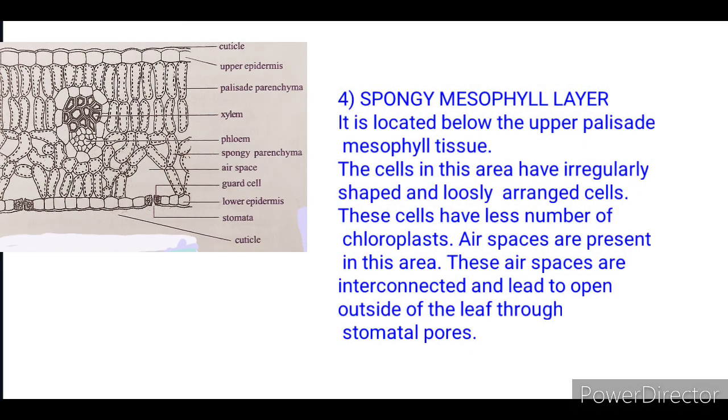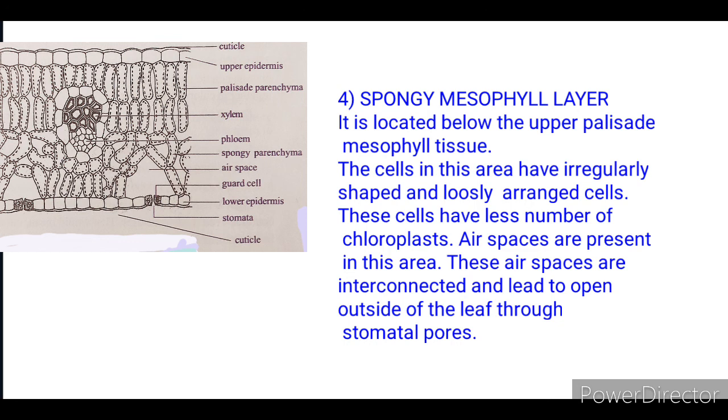And the next part, the spongy mesophyll layer. It is located below the upper palisade mesophyll tissue. The cells in this area are irregularly shaped and loosely arranged. These cells have fewer chloroplasts. Air spaces are present in this area.